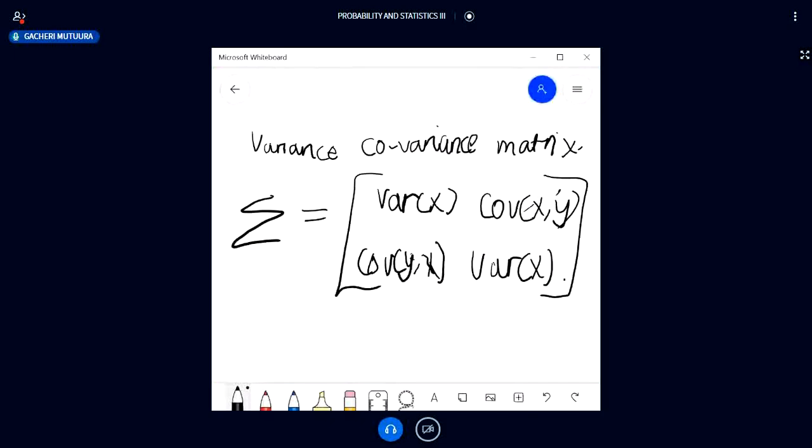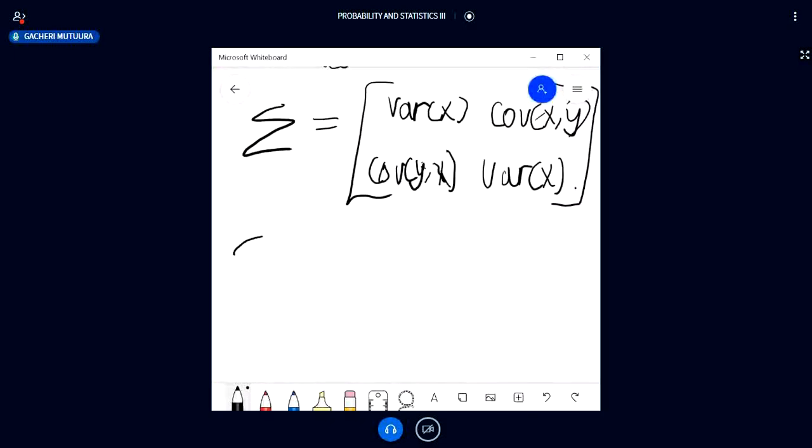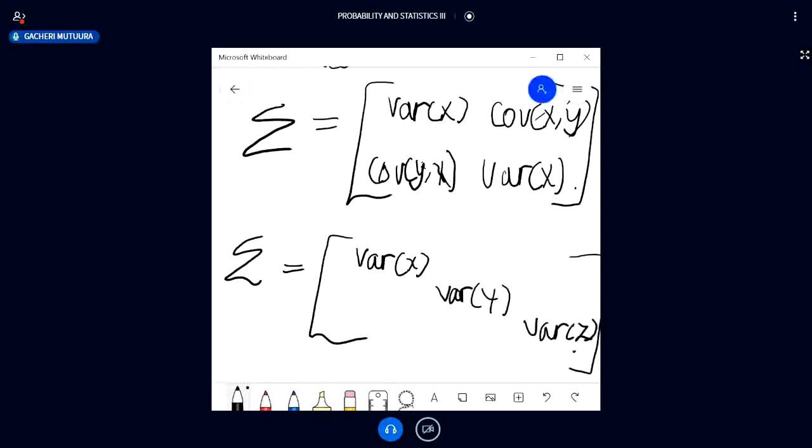So if you have more than two variables, then you expect variance of x, variance of y, variance of z, if you're dealing now with 3 variables. And then here you'll have the covariance of, say, xy, and here the covariance of yx. Here you'll have the covariance of yz, and here the covariance of zy.